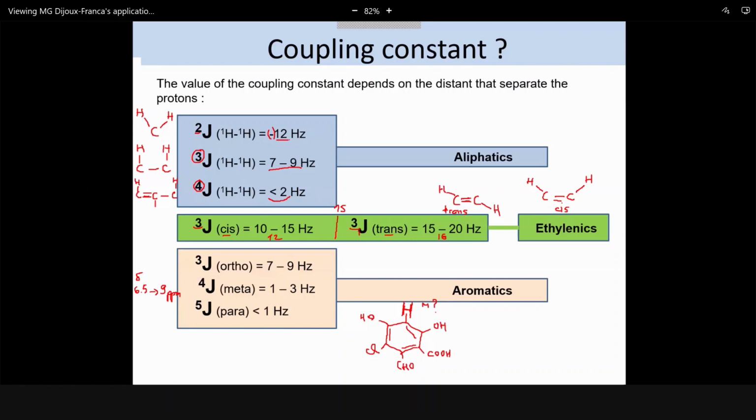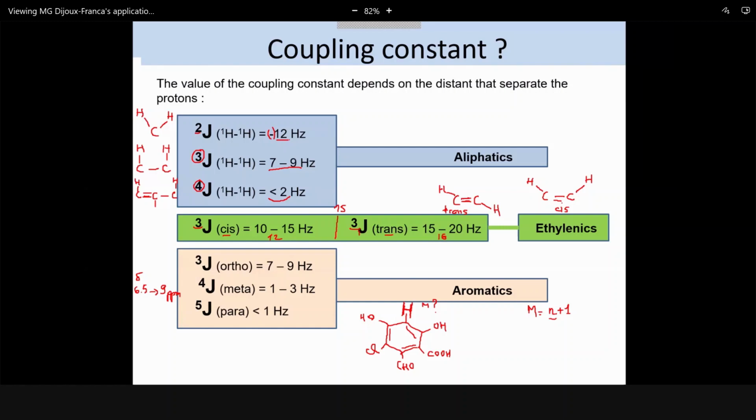How do we calculate the multiplicity? Remember, it's n plus 1. That means that n is the number of protons in the neighborhood. How many protons in the neighborhood do you have? That means protons on carbons close to this proton. 0.